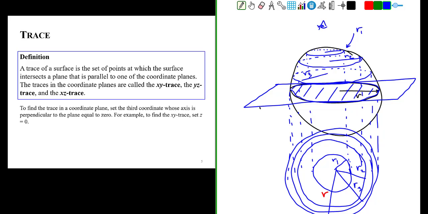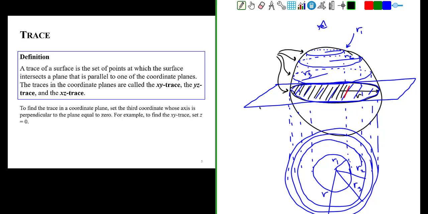So each time we took a slice, we generated another circle. Each of these circles that we generated is a trace. These traces were taken as the set of points at which the surface intersects a plane that is parallel to some other plane.